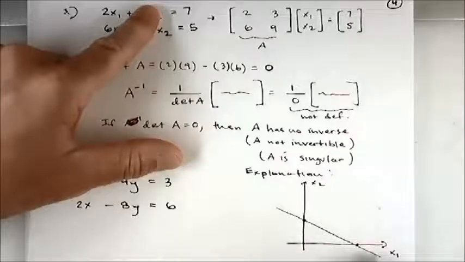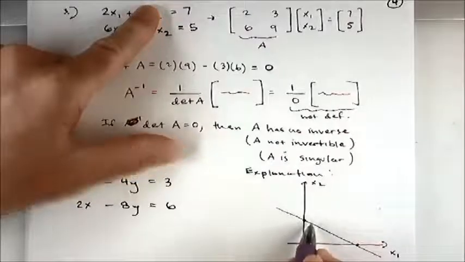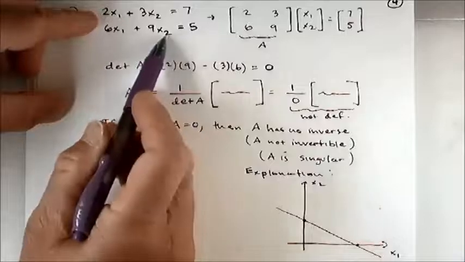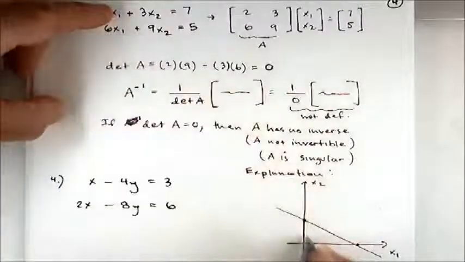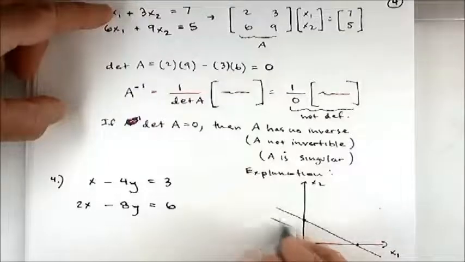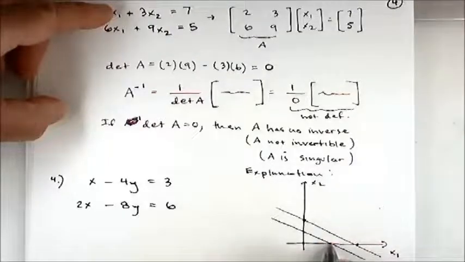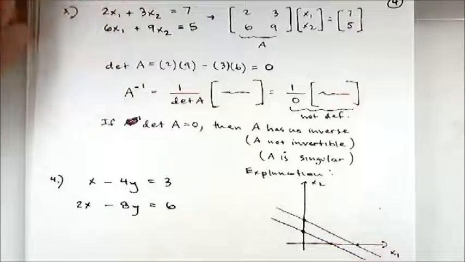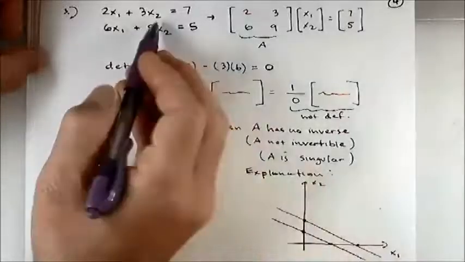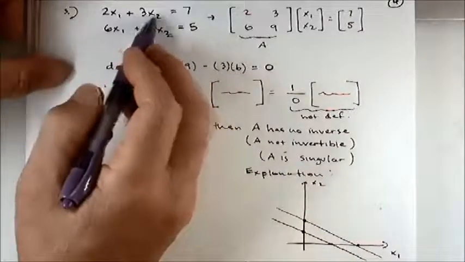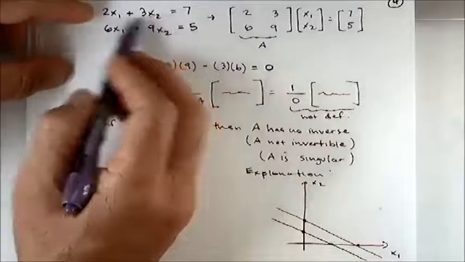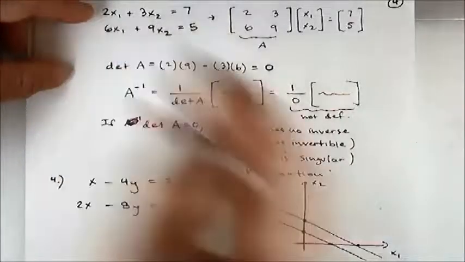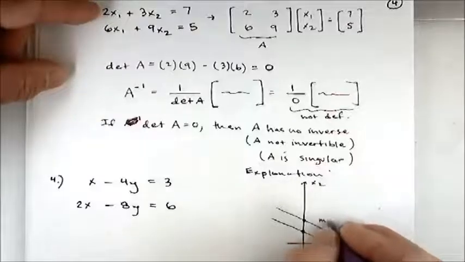I don't want to get too much into the detail. Don't worry, you don't have to graph these yet. And what would happen is if you graph this line, found the intercepts, what you would see is these 2 lines are actually parallel lines. I suppose the other way you could do it is if you think of this as 2x plus 3y equals 7 and solve for y, you're going to get a slope of negative 2/3, I think, for this top one.